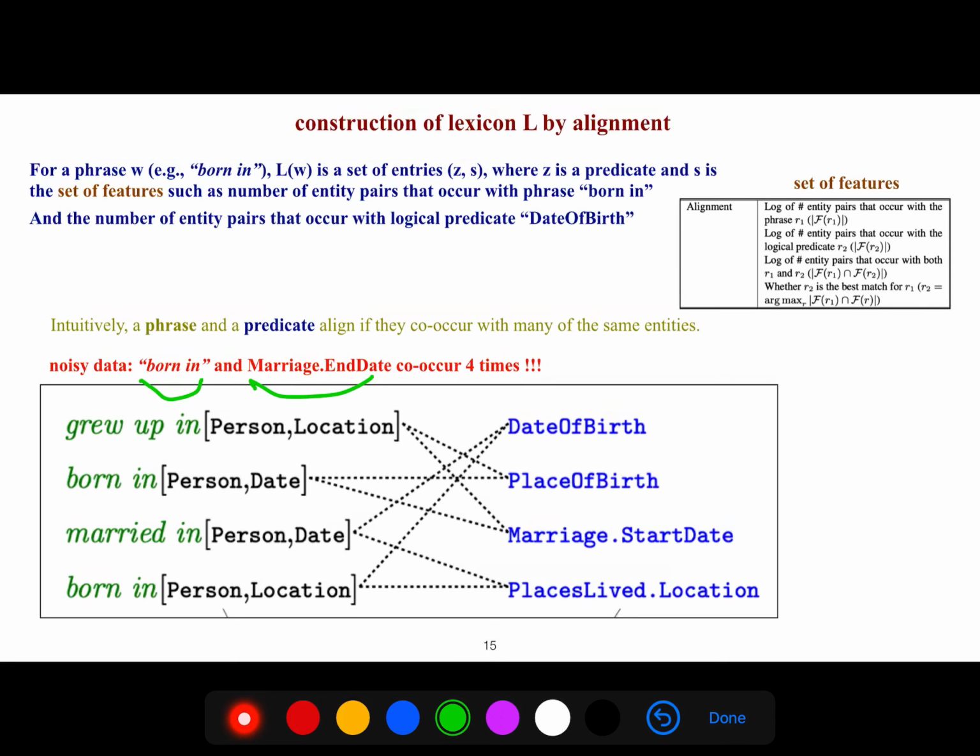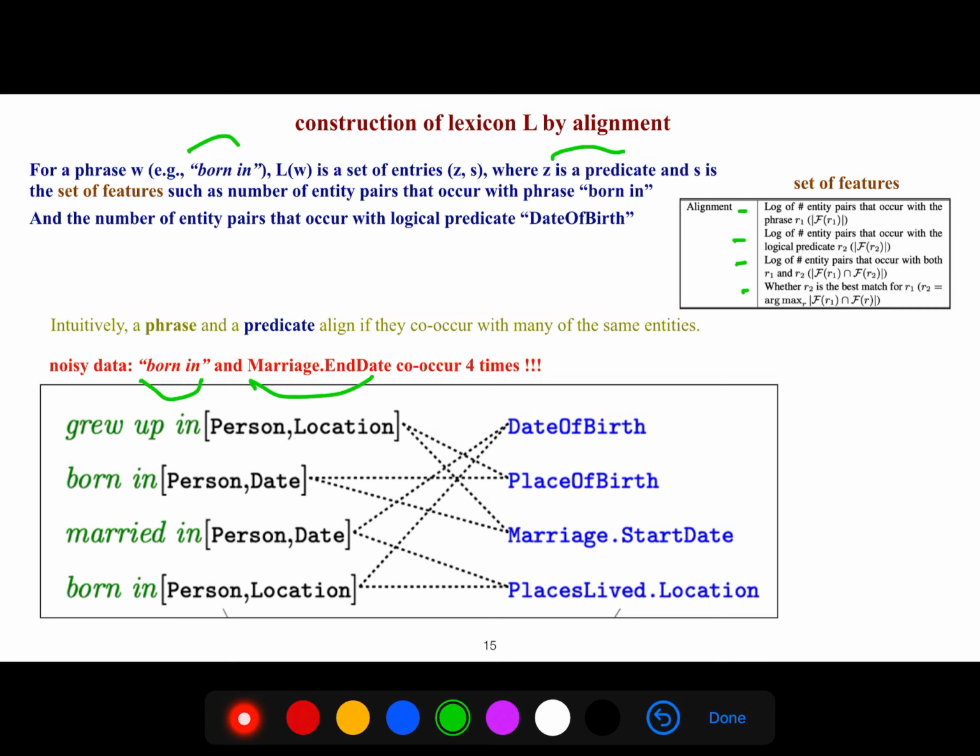So for a phrase born in, L of W is a set of entries, Z is a predicate, S a set of features. And the features for alignment are feature 1, feature 2, feature 3, feature 4. So we have 4 features.